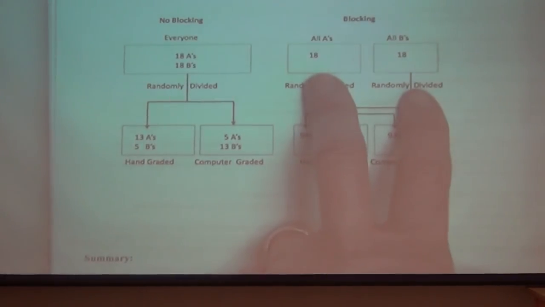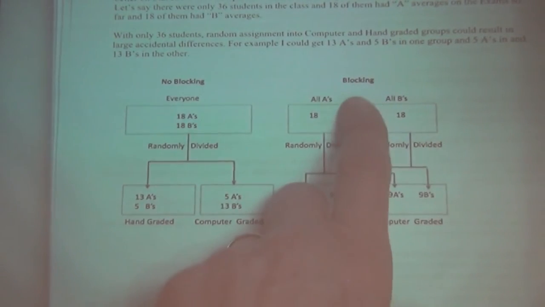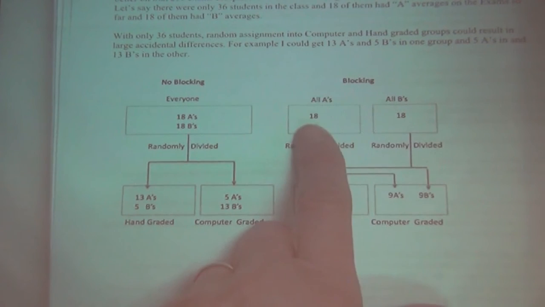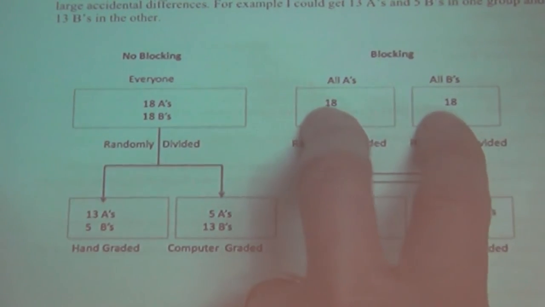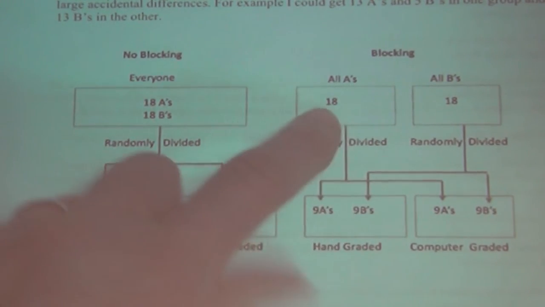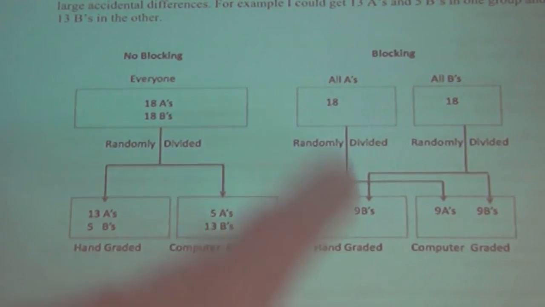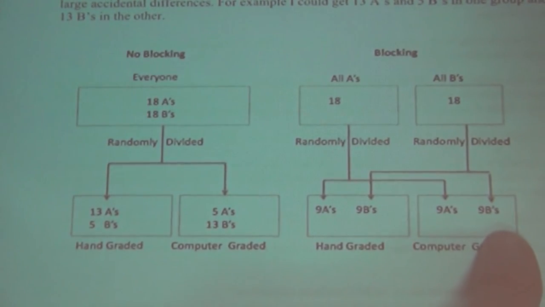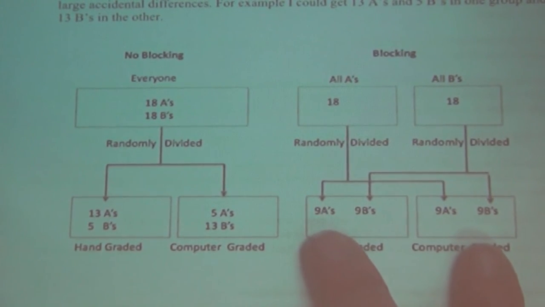You might think this introduces bias because this is not random. Here are the 18 A students. I divide them into 2 groups, but I randomly divide this. I take half of the A's and put them in the hand grade group, and half of the A's I put in the computer grade group, and I do the same with the others. That ensures an even distribution along the thing that I think is going to mess up my experiment.